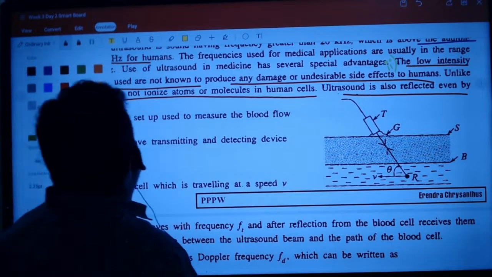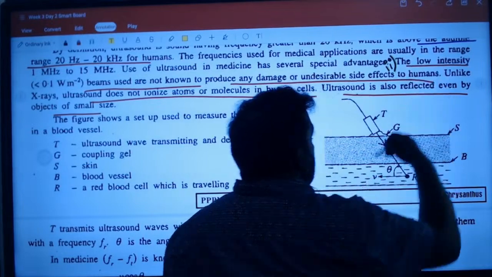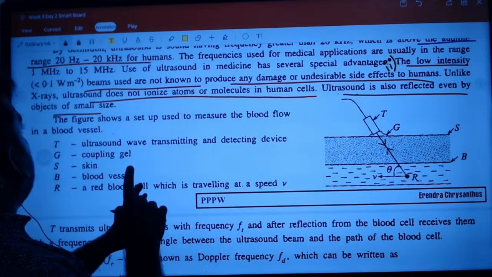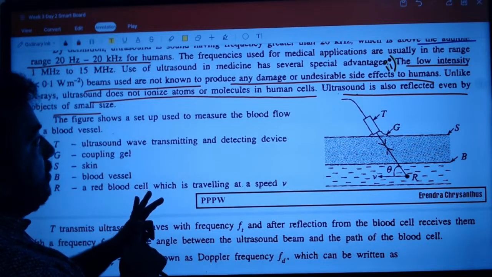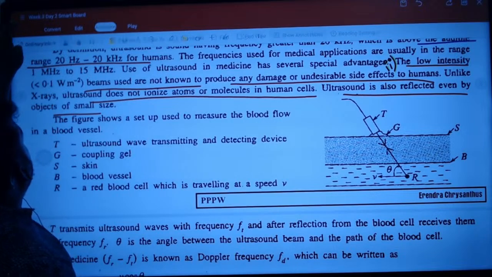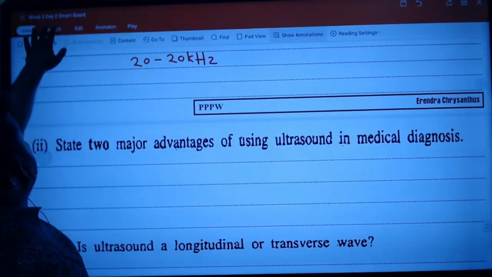Finished. Roman number 2 answers: 1, low intensity, does not produce any undesirable effect. 2, does not ionize atoms or molecules. 3, also reflected by very small objects. Right. Okay. Next. So we have done this. Don't forget.